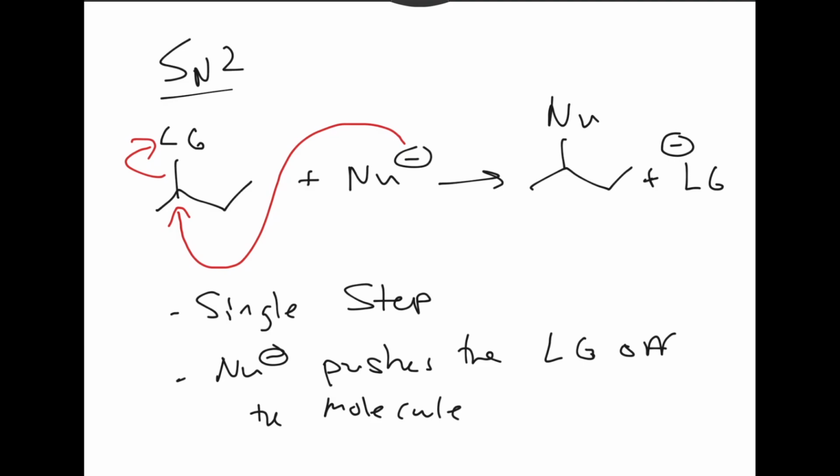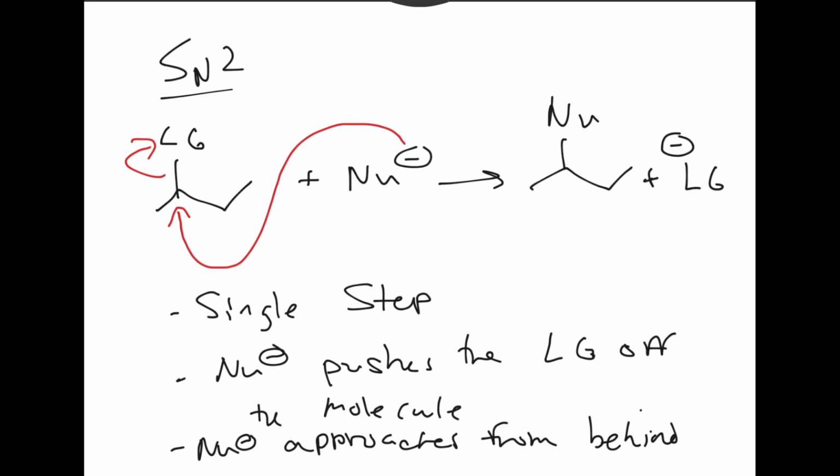A little intuition here: if you're going to push someone down a hill, would you approach them from the front or from behind? From behind, right? The nucleophile does the same thing. It has to sneak up on the leaving group, so it has to come from behind the leaving group and then push it off.